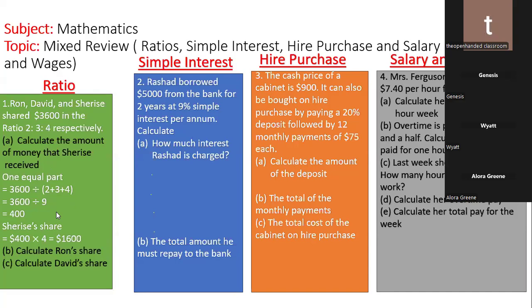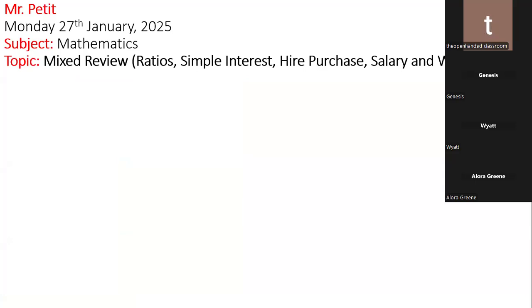All right. Do you understand how I got the 400? What did I do to get the 400? You add up all the ratio parts, and then you divide it by 9.